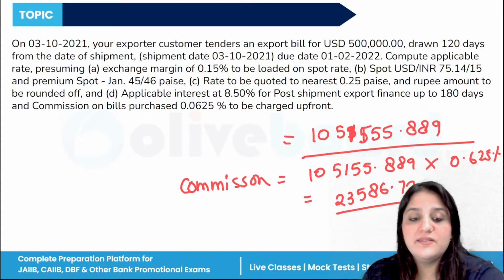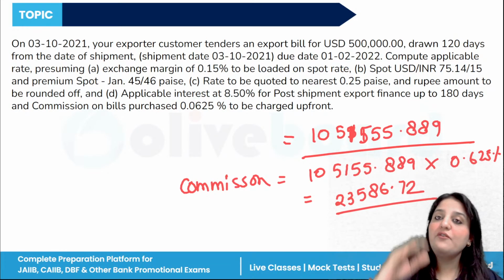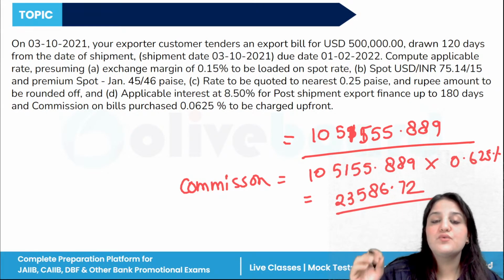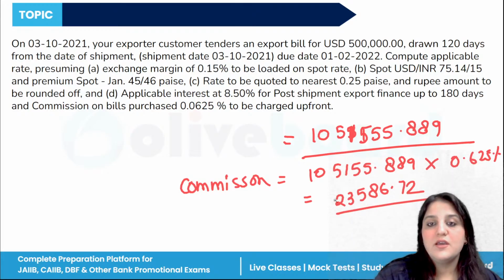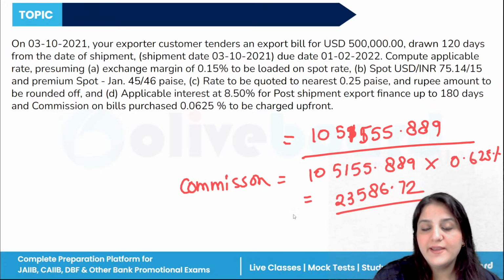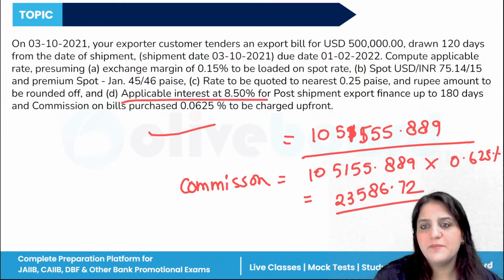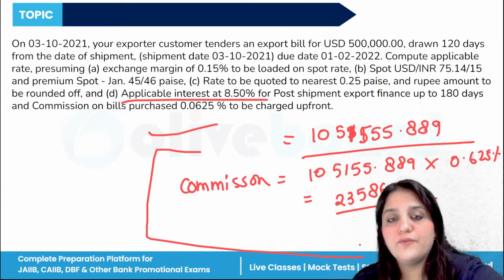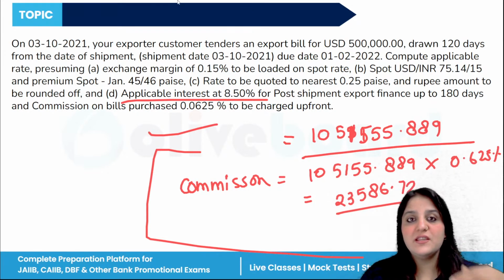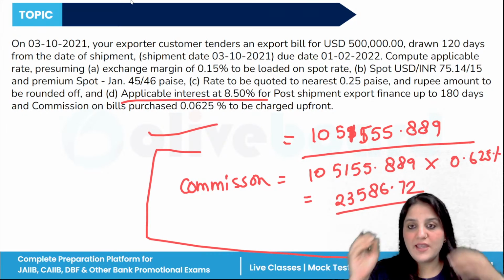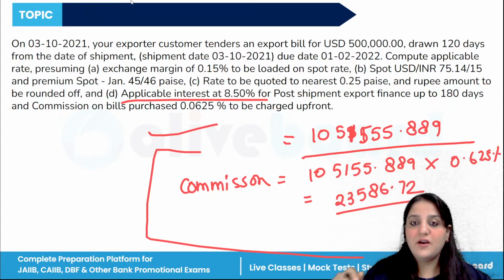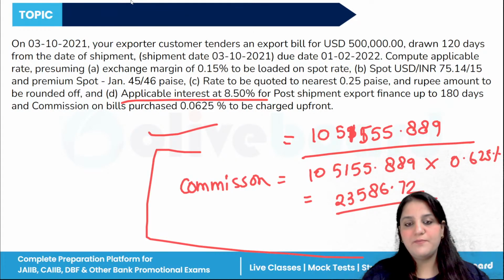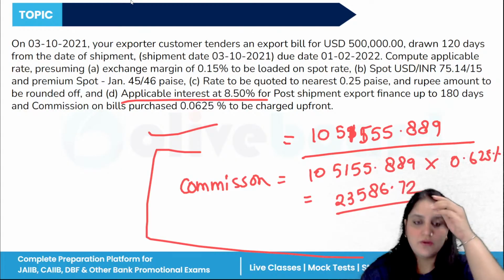Now this is the commission we are having. Now we have to calculate the net proceeds to the exporter. Commission we have calculated, so that is the final answer. So what we have to do, we have to see the question and then check everything that the question is asking, and then perform the operations according to the question.